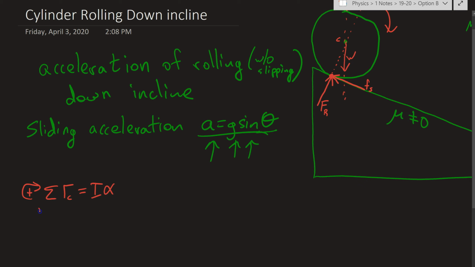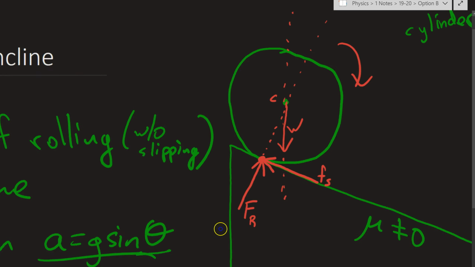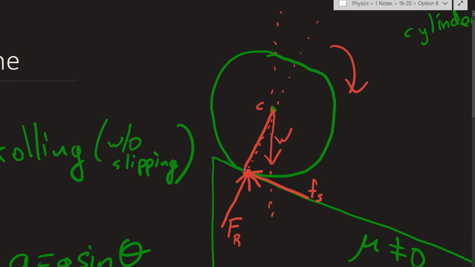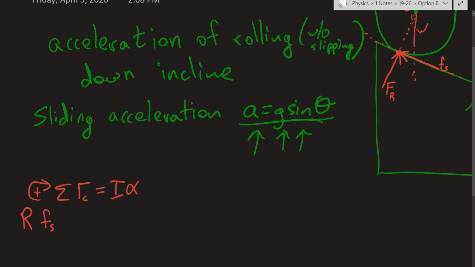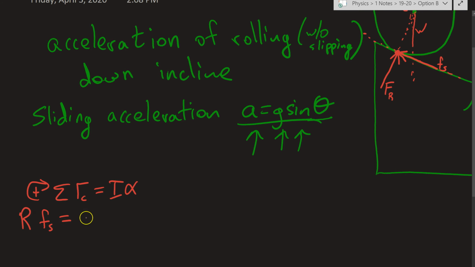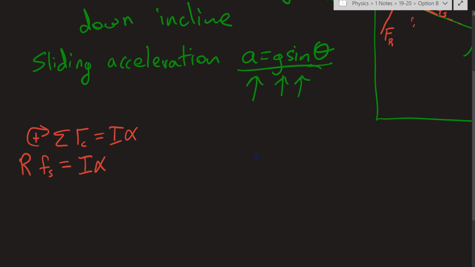Static friction would rotate it clockwise, so that would be positive torque. The force is Fs, and remember, when you calculate torque, you need the distance from the axis of rotation and you need the force. Here's the line of action of friction, and the shortest distance to the axis of rotation is just the radius. So I multiply that distance by the force, and that torque will be causing I times alpha.